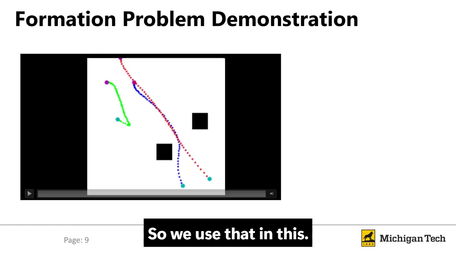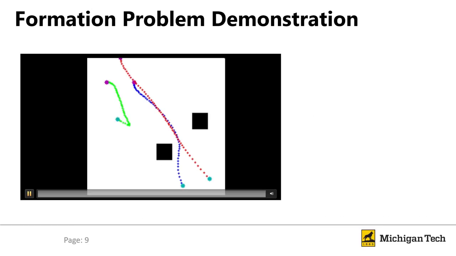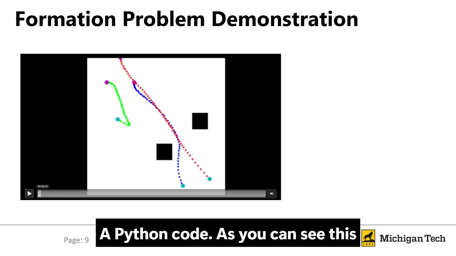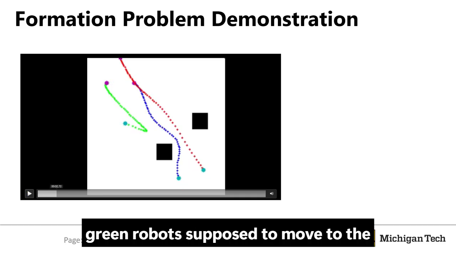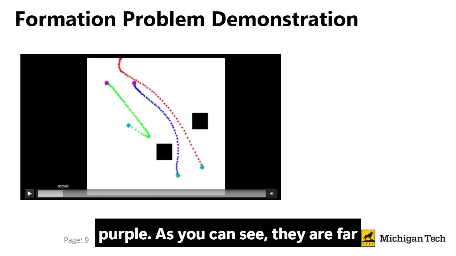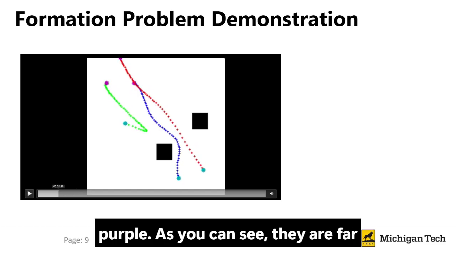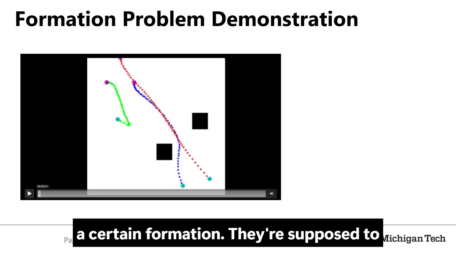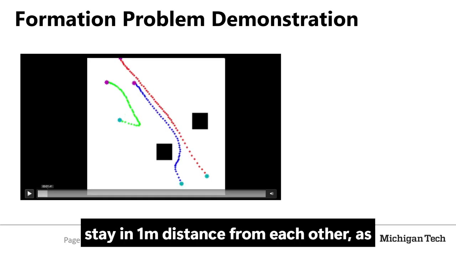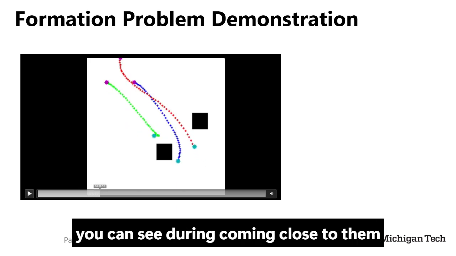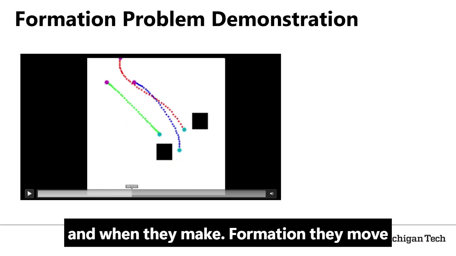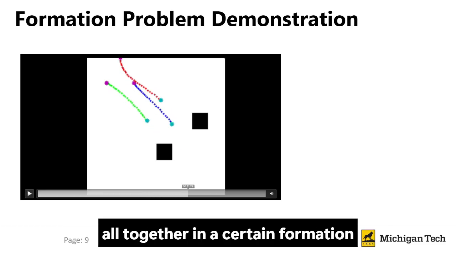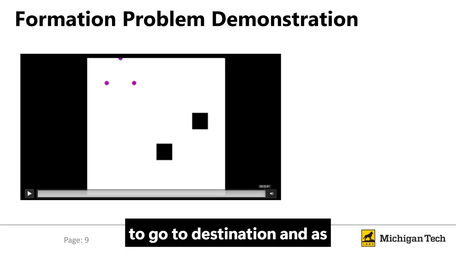So we use that in this Python code. As you can see, this green robot is supposed to move to the purple. They are far from each other and they are not in a certain formation. They're supposed to stay at a 1 meter distance from each other. As you can see, green is coming close to them. When they make the formation, they move all together in a certain formation to go to the destination.